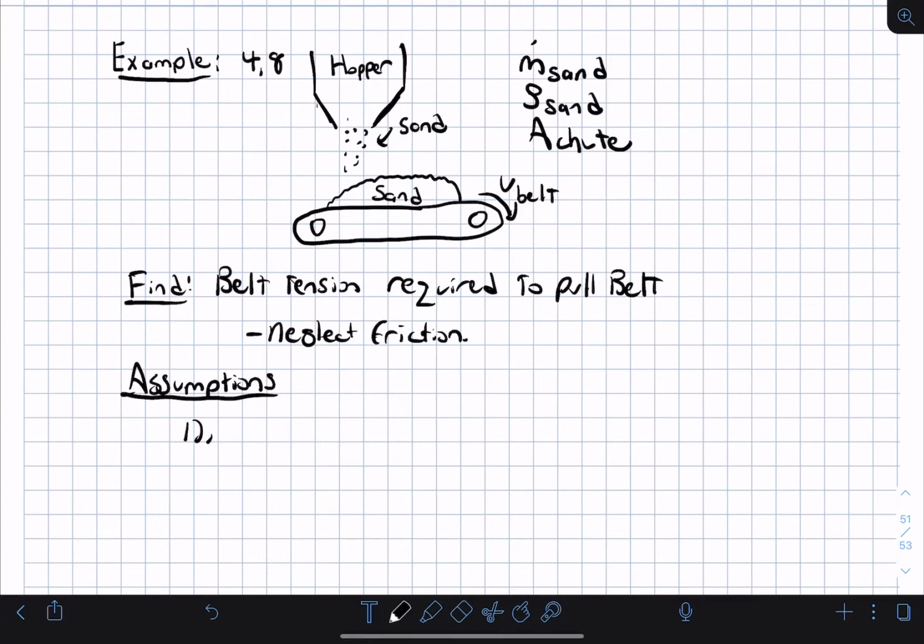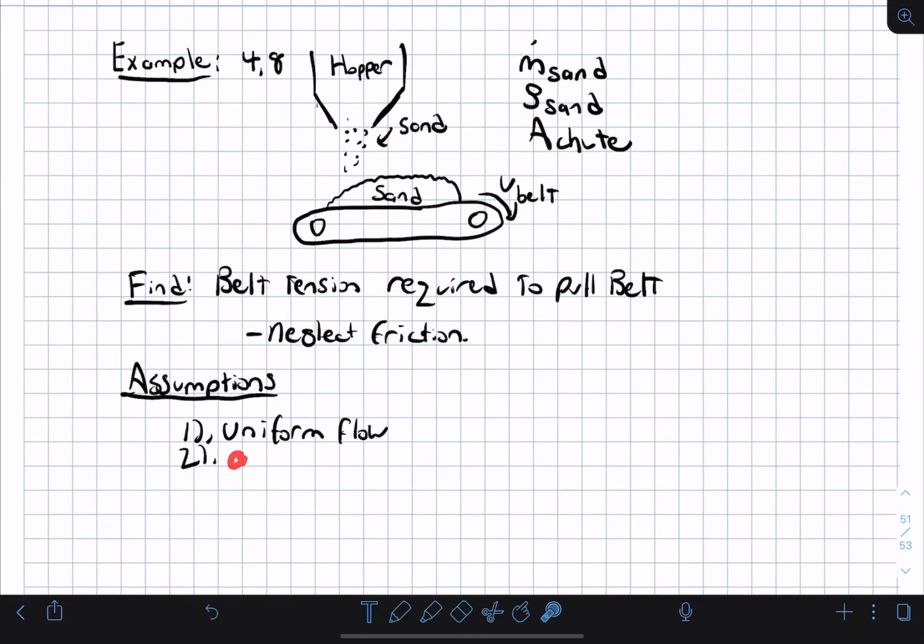So 1, I'll assume uniform flow. 2, we will also assume that any sand that goes inside of our control volume will instantly move at the belt velocity.